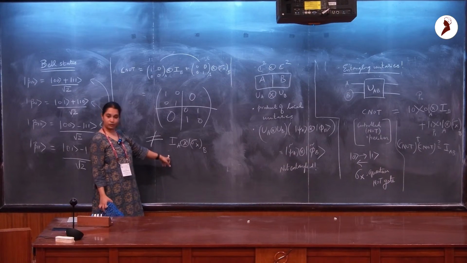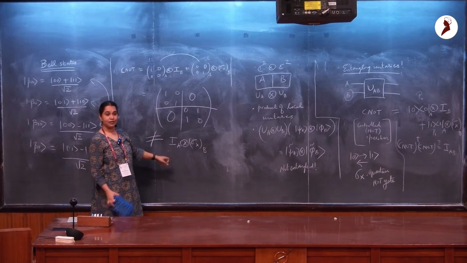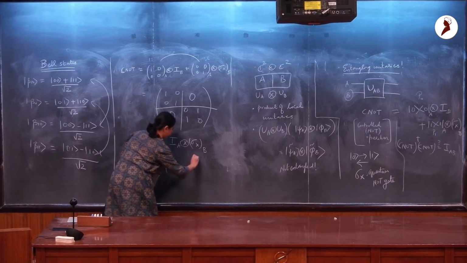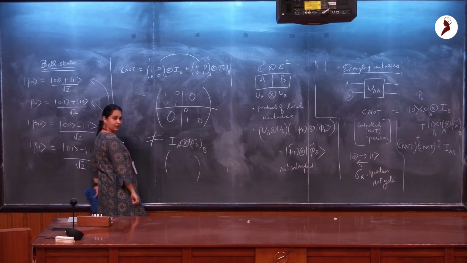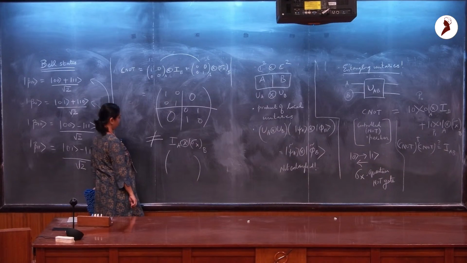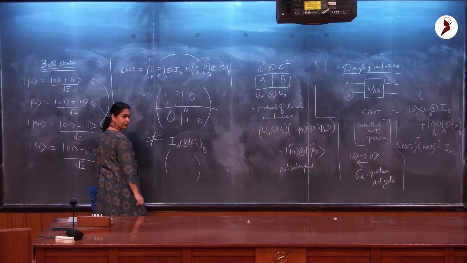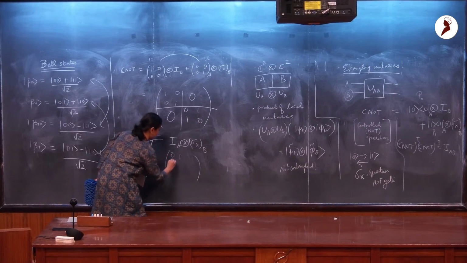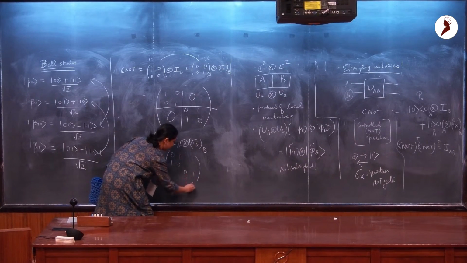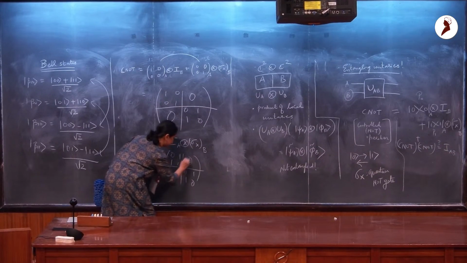This is also a 4 cross 4 matrix. So you basically have this, right? Yeah, okay, good.